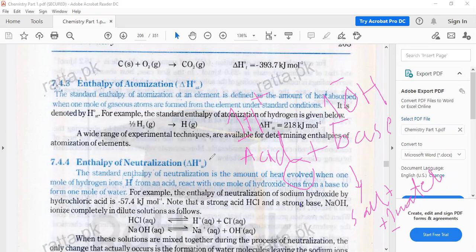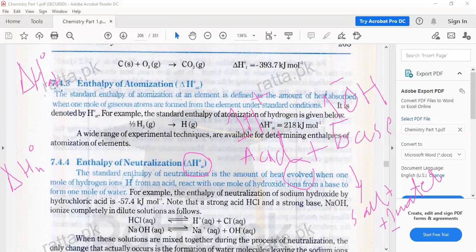You must consider this: the representations of all these enthalpies are a little bit different. Here you can see the enthalpy of atomization is represented as delta H AT naught, and enthalpy of neutralization is represented as delta H N naught. So while you are writing in the exam, you must remember the representation of these enthalpies.